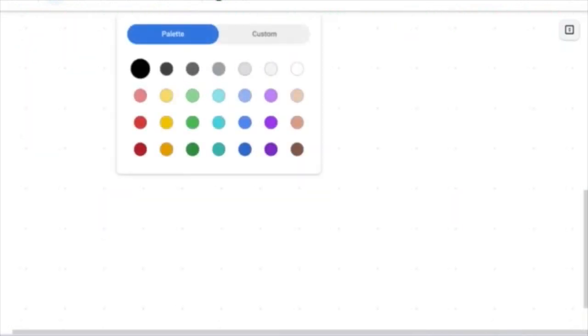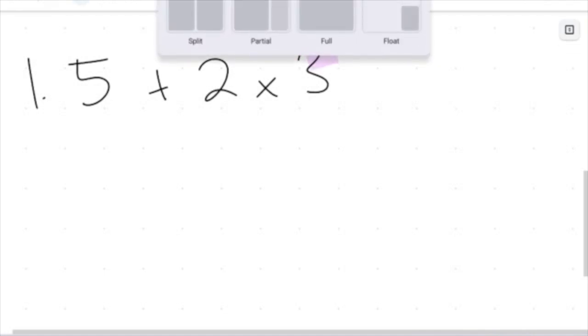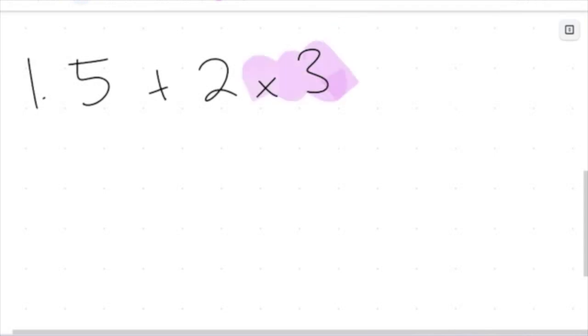So looking at this question again, that was 5 plus 2 times 3. Now, if you remember in one of my previous videos, when we talked about multiplication, we mentioned that this was just a type of shorthand for addition.